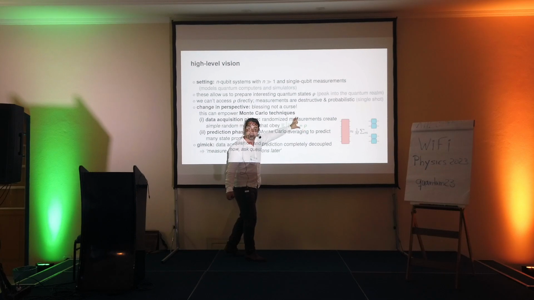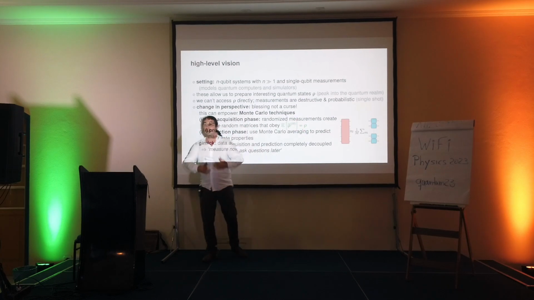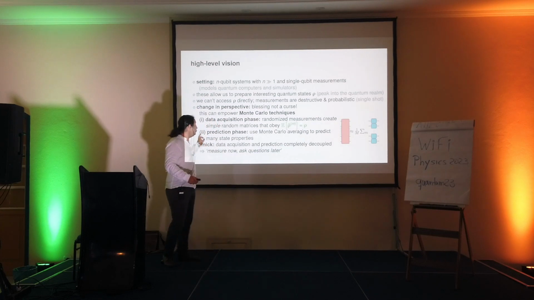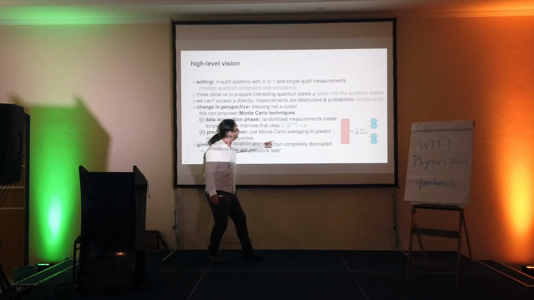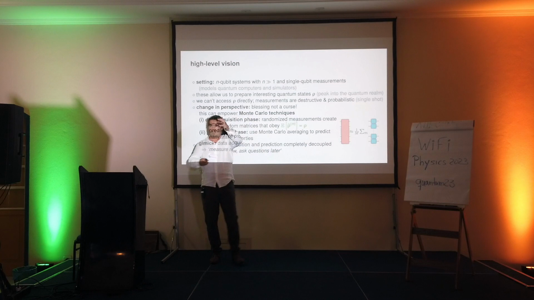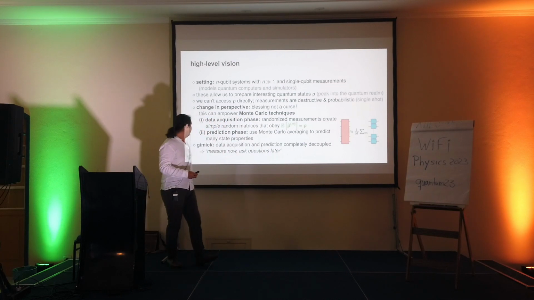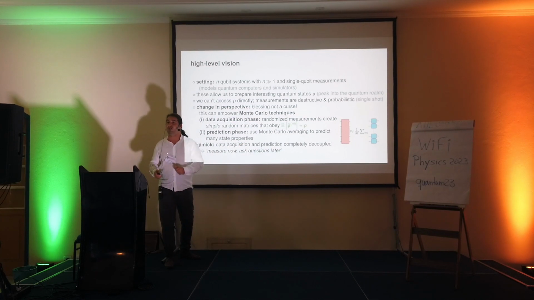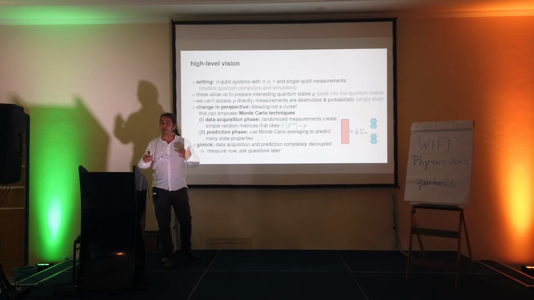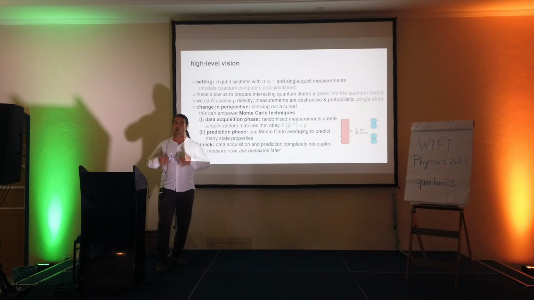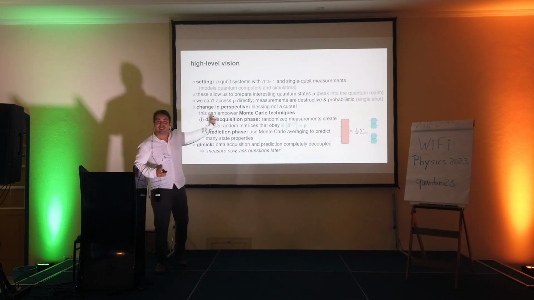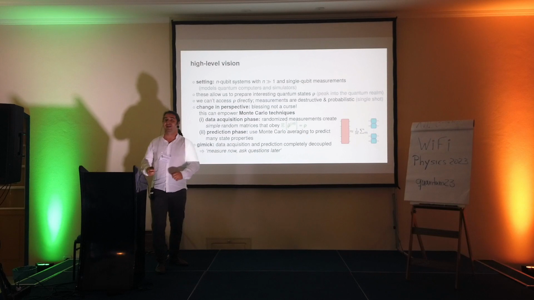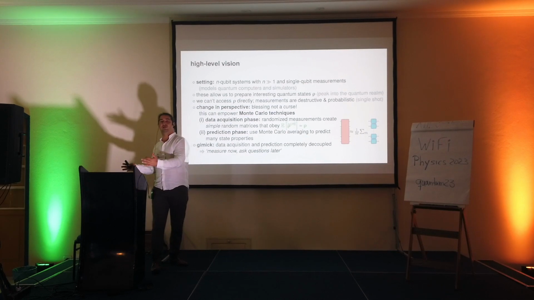And once we have such a setup, and the quantum computer will do that for us, we can use Monte Carlo averaging, much like in the approximation of pi before, to compute and predict many features of the state in parallel and computationally efficiently. So it takes the best from the quantum measurement problem, which in this case is a quantum measurement solution, and classical Monte Carlo techniques.